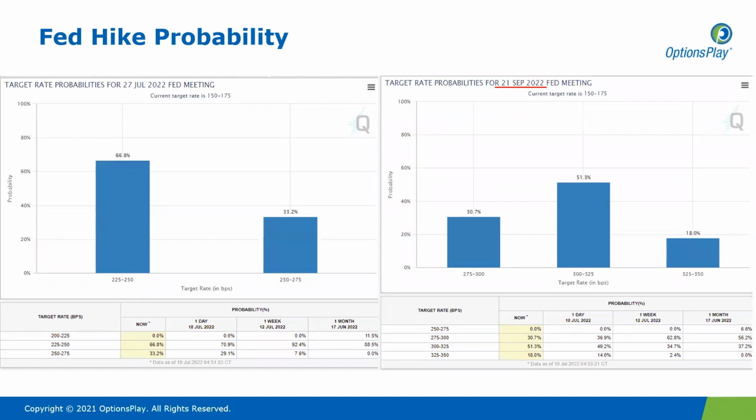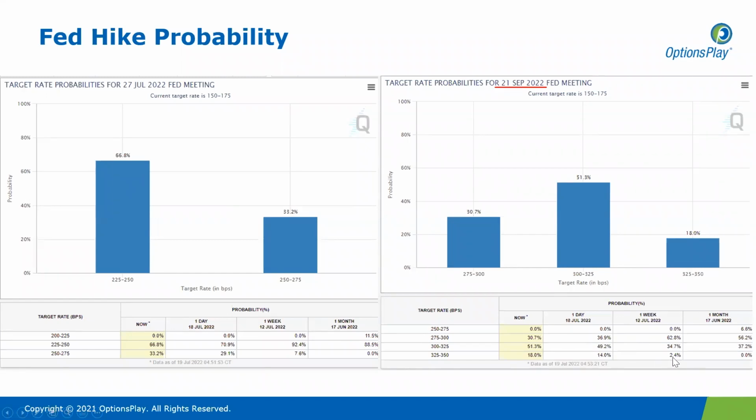So I do still have some concerns from a macro perspective for equities, and a lot of it is because of the rate hikes not really being priced in. The 300 to 325 probability was only at 34.7% a week ago, now at 51%, whereas the 325 to 350 range, which would represent a 175 point hike and a 100 point hike, was at 2.4% a week ago.